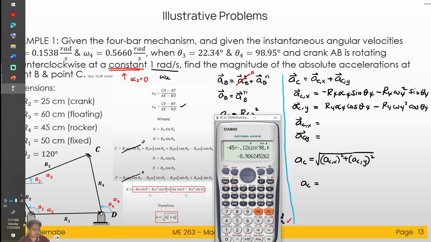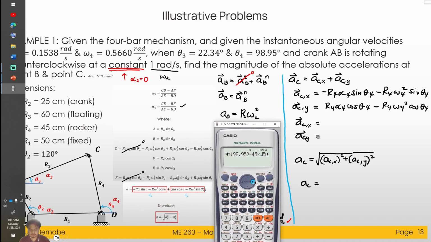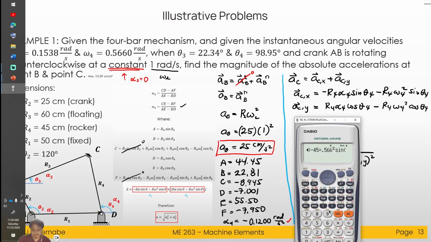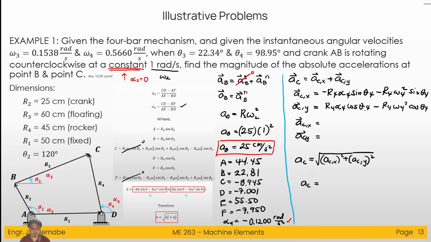Ah, sorry. Why is it different from my solution? Let's check this. So negative R4, sine 98.95. Did we forget the negative sign? Ah, it's cos, no? We swapped them. Sorry, I wrote it wrong.